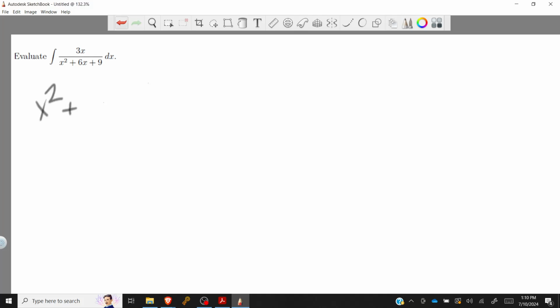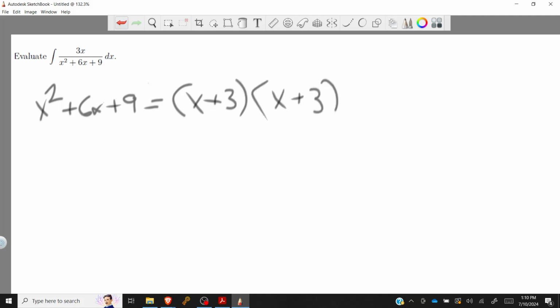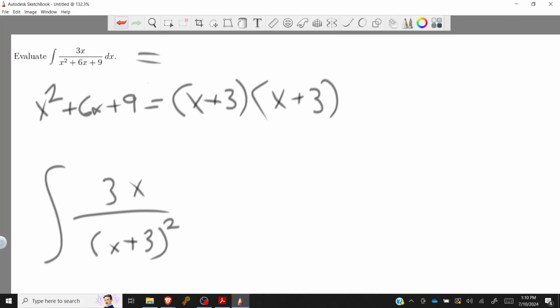I'm going to find the roots of x squared plus 6x plus 9. This is going to be x plus 3 and x plus 3. So these two things are equal to each other. All I've done was break apart that quadratic into its simpler parts.